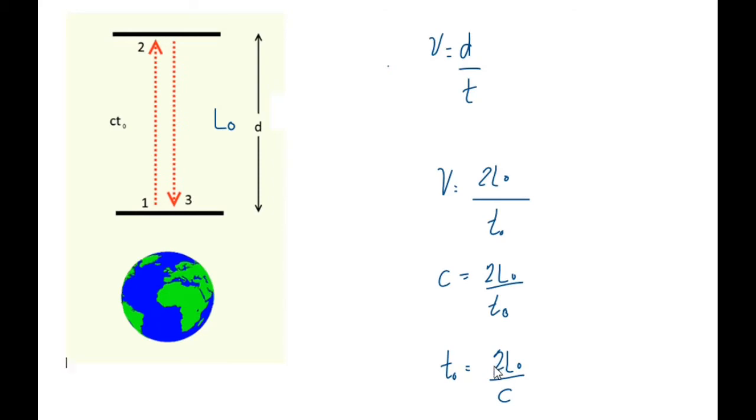So that is, if the light pulse clock is at rest relative to the observer, we have the proper time as twice the length divided by C. So take note of this equation. We have the proper time equals 2L0 divided by C, wherein C is the speed of light, and L0 is the distance that the light has to travel.